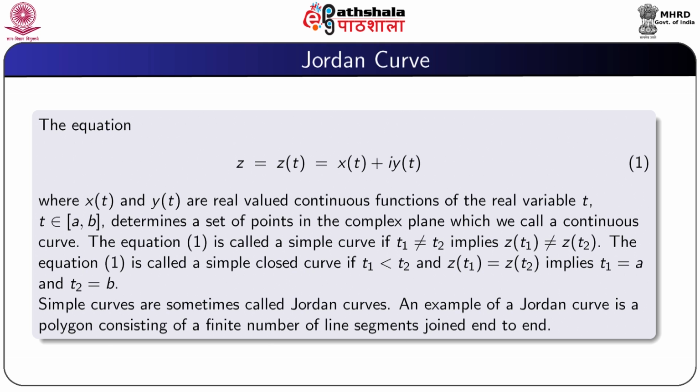The equation is called a simple closed curve if t1 less than t2 and z of t1 equal to z of t2 implies t1 is equal to a and t2 is equal to b. Simple curves are sometimes called Jordan curves. An example of a Jordan curve is a polygon consisting of a finite number of line segments joined end to end.